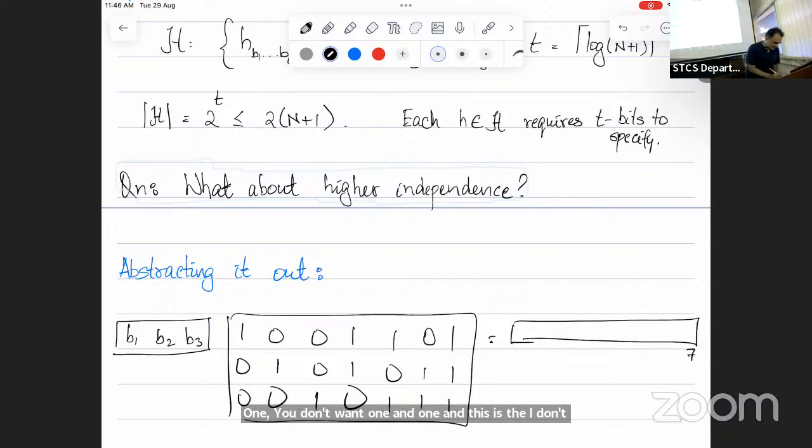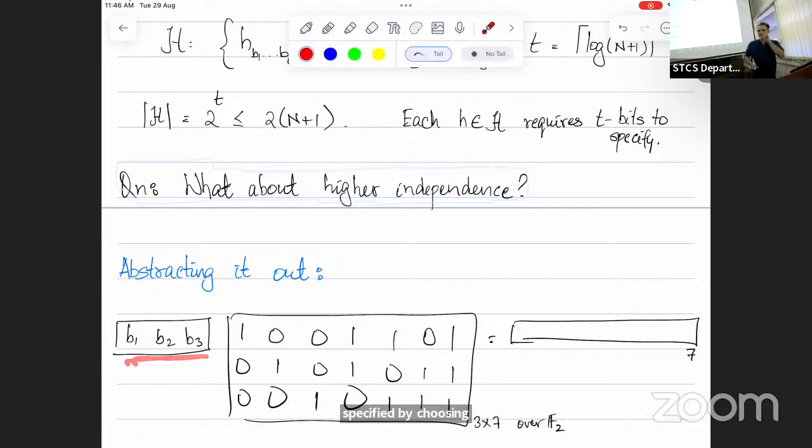So this is like a 3 cross 7 matrix over F2. And in some sense, the hash function almost looked like this matrix-vector multiplication. There is a particular matrix I have in mind, and my function was specified by choosing this 3-bit vector. Whatever I multiply to this matrix, I'll get a row of 7 things. I just say that's the truth table of my hash function.